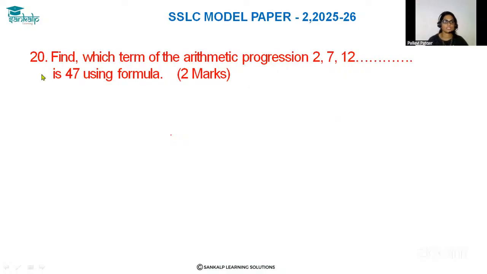Hello everyone. Look at the question number 20. Find which term of the arithmetic progression 2, 7, 12 and so on is 47 using formula. So now identify the given values.